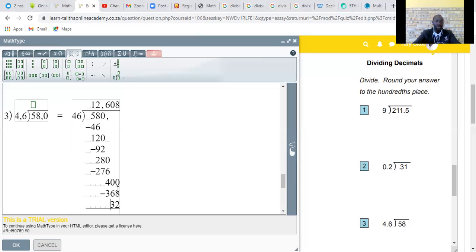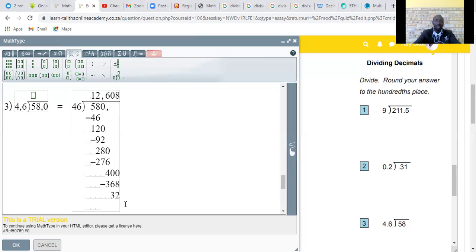And that will extend to 400 because even 40 cannot be divided by 46. But 400 can. Now 400 can be divided by 46, and 46 will enter into 400 8 times for 368. The difference between the two gives 32. We could continue with the calculation, but we have to stop because we are required to stop at 2 decimal places, you see.